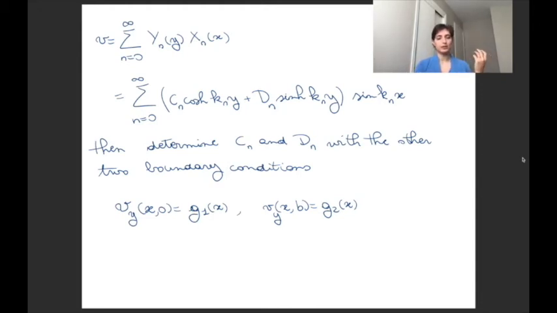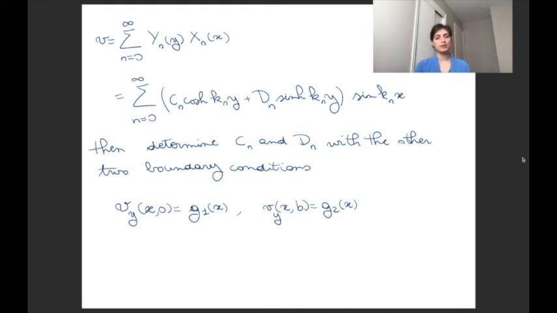So we have the derivative with respect to y of v at (x, 0) being fixed as a certain g1, and v_y computed at (x, b) being equal to another g2.